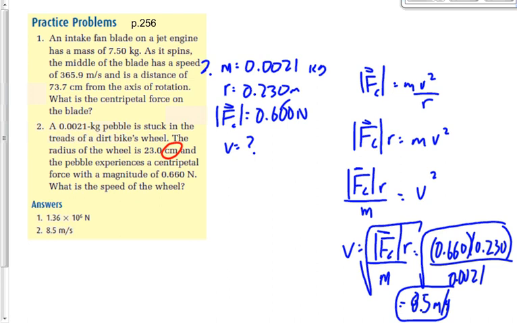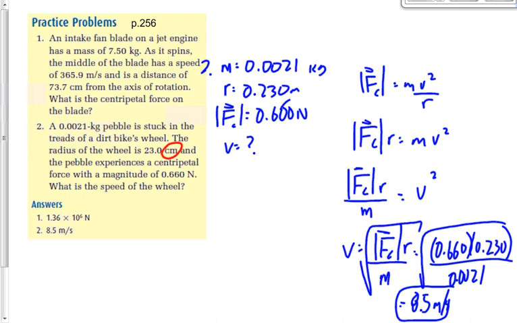If the pebble became a little loosened and the tire couldn't supply that much centripetal force, because maybe that little tread was a little bit wider and it wasn't stuck in there quite as much, what would happen to the rock? It would shoot out. Because if you can't supply enough centripetal force to keep it moving at that speed and at that radius, then what's going to happen to it? It's going to go off in a straight line, and the pebble is going to go flying, right? Make sense?